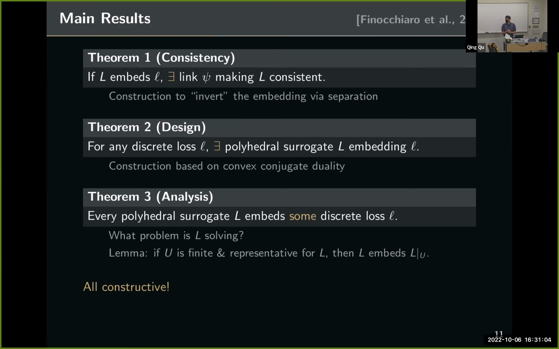I have a quick question. For these polyhedral surrogates, is there a one-to-one correspondence with losses, or will you have multiple equivalent polyhedral surrogate losses for one discrete loss? Can you have equivalent losses, or is it a unique mapping?